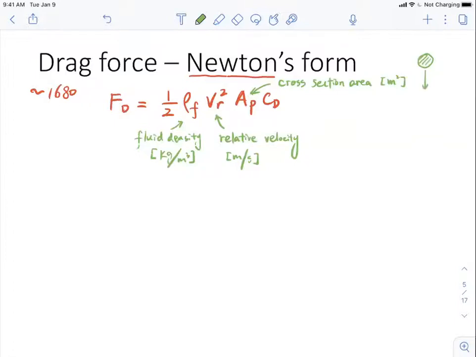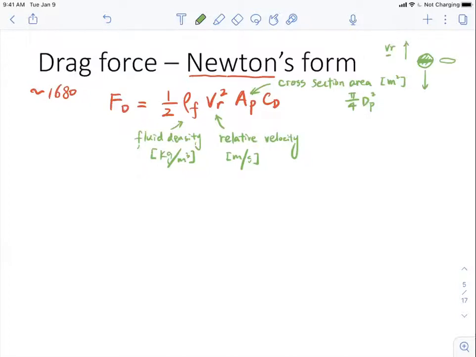Because we assume that the air is stagnant, the relative velocity is going upwards, V_R. So the cross-section area is just the area that's perpendicular to the relative velocity. For a spherical particle, this area is just the area of a circle, which is pi over 4 d_p squared.